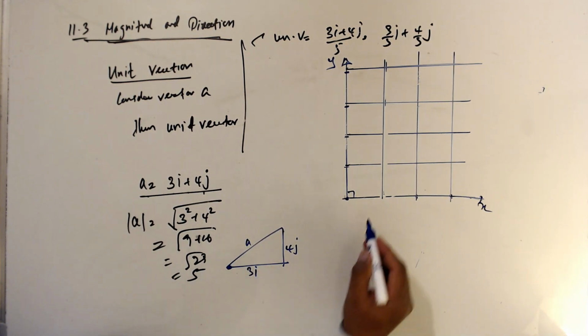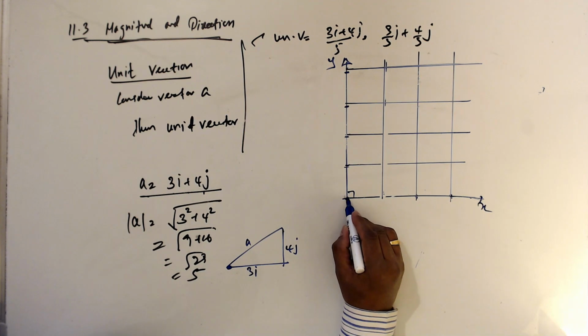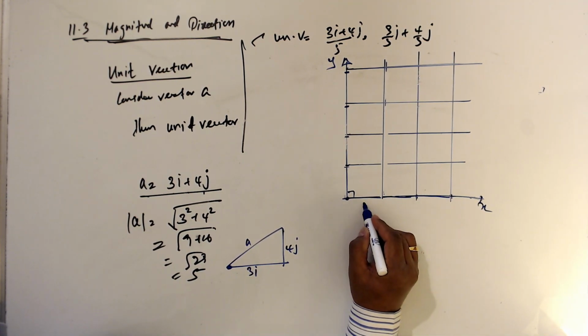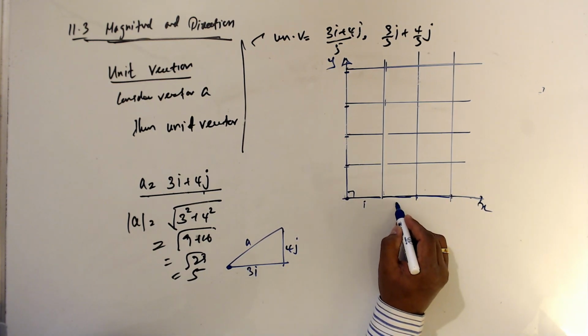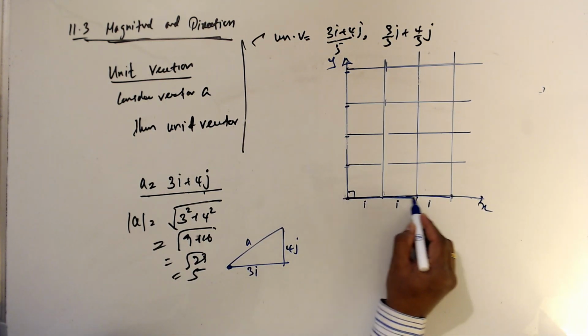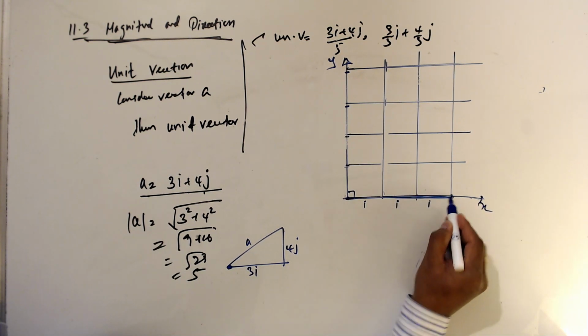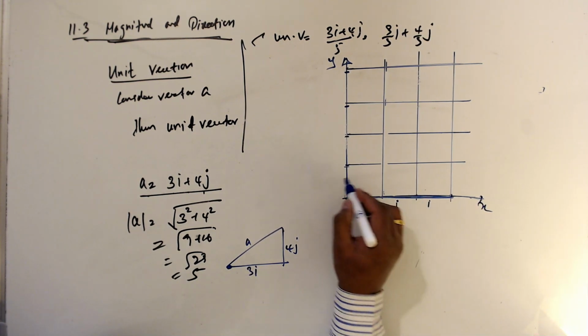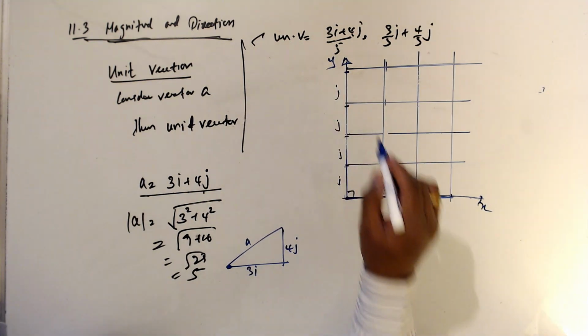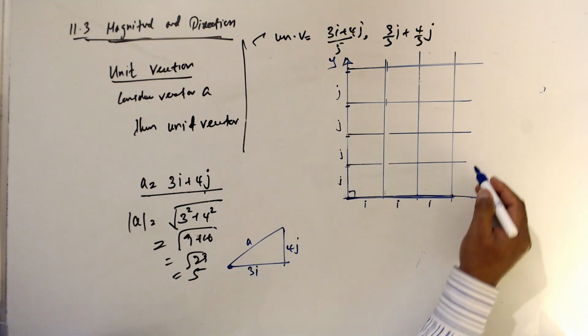Then 3i means how many i units? 1, 2, 3. So i is 1 unit, 1 unit, and 1 unit. And this is j, j, j, j. It means this is 4 j's.